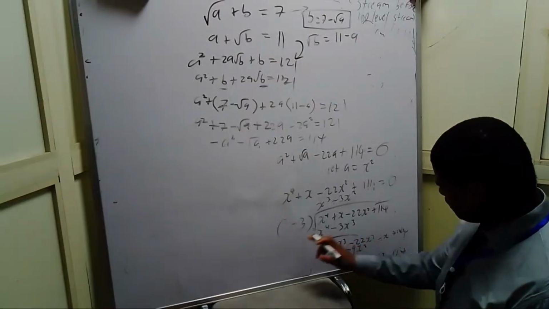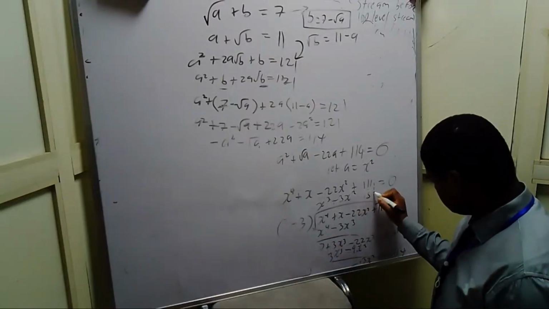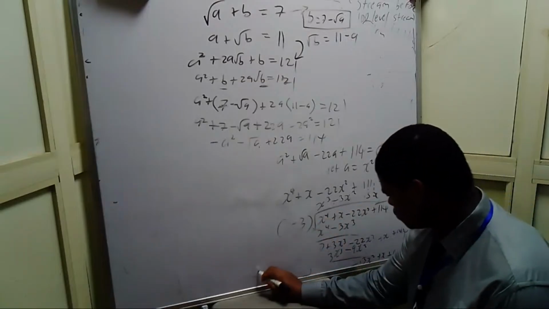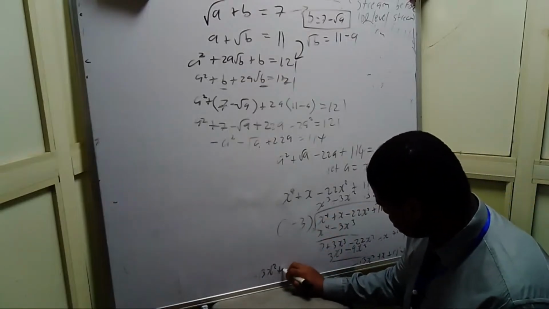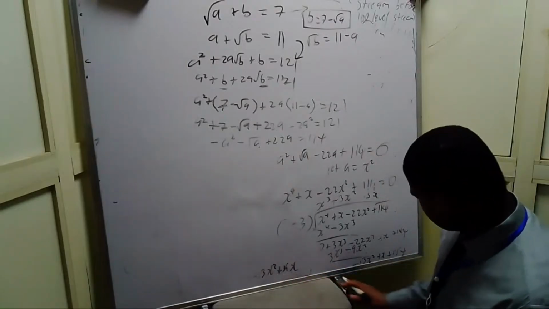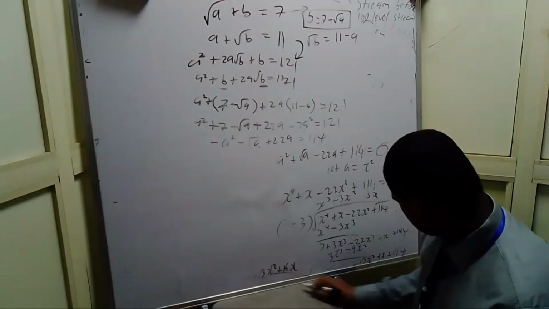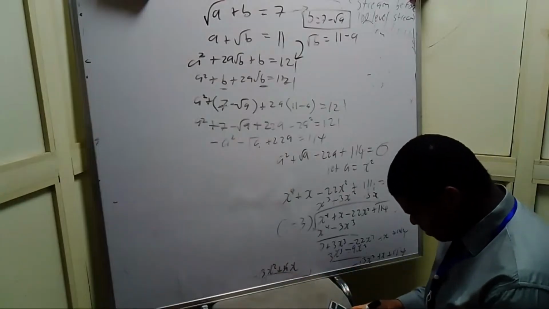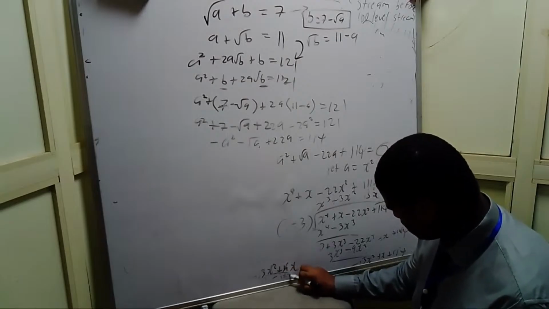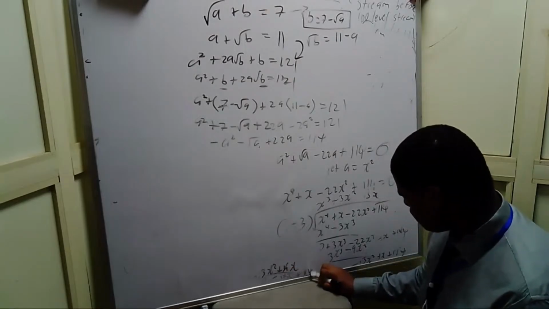Minus 13x squared divided by x, you have minus 13x. Minus 13x times x, you have minus 13x squared plus 39x. Subtract again and you have 0. 1 minus 39 will give you minus 38, that's minus 38x plus 114.